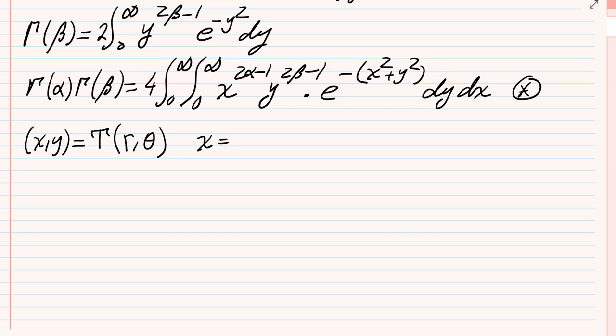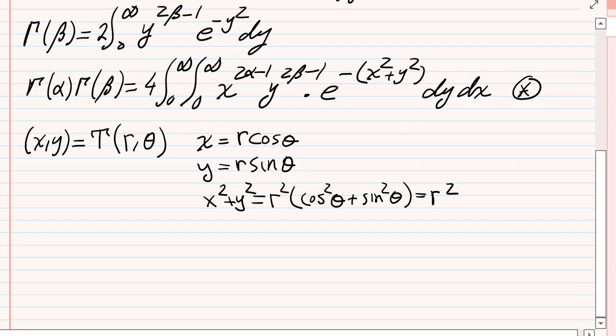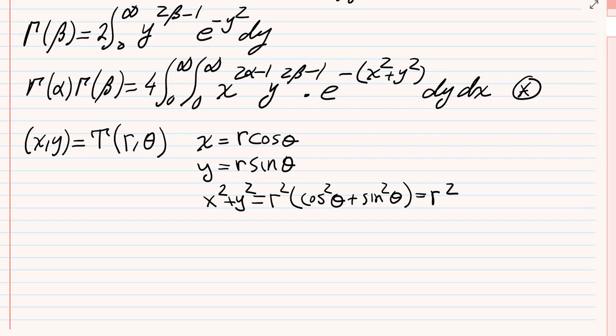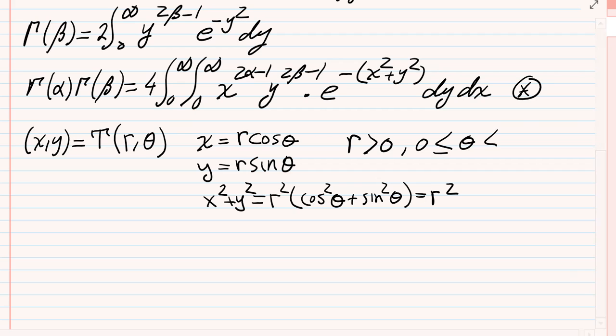And if you recall, in polar coordinates, x is given by r cos theta, and y is r sine theta. And so when you do x squared plus y squared, you get r squared times cosine squared theta plus sine squared theta, that's the Pythagorean identity. That gives you 1. So x squared plus y squared is simply r squared. And here r is positive, and theta lies between 0 and pi over 2.